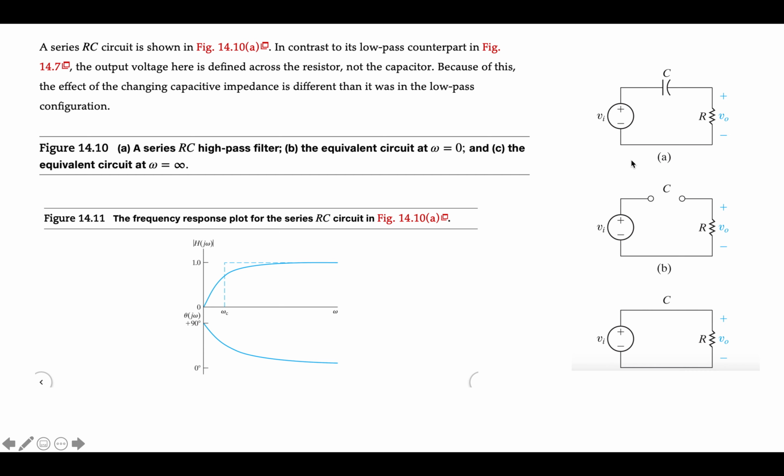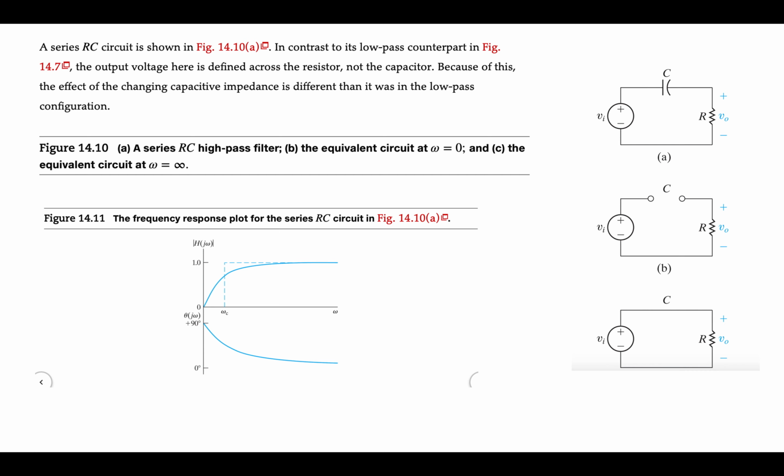Thinking about that qualitatively, at DC, the capacitor is an open circuit, and so all of the voltage drops across the capacitor. There is no output voltage at DC. At very low frequencies, it begins to get a little bit of a voltage drop across R, but C is still looking like an open circuit.